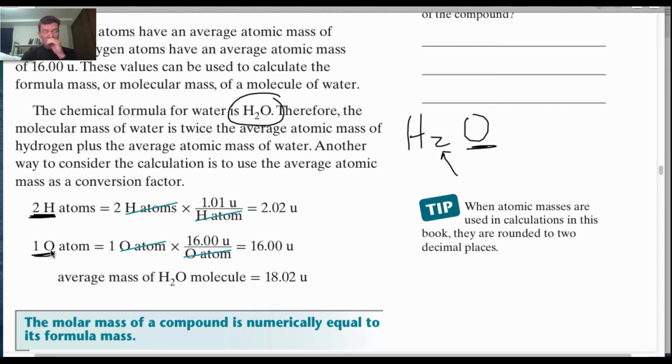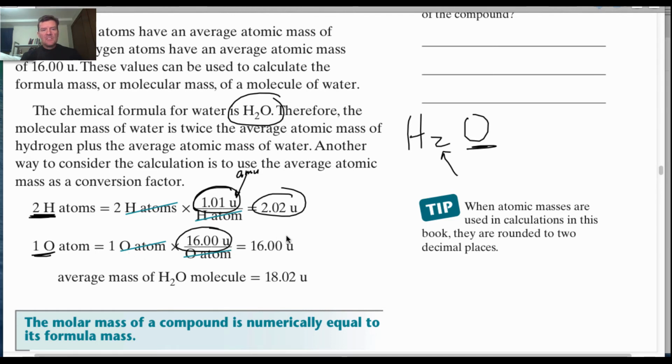And when that's the case, all I do is look on the periodic table, and I know that each hydrogen has an atomic mass of 1.01 AMU, atomic mass unit. So that's 2 times 1.01, so it's 2.02. Each oxygen has an atomic mass of 16 AMU.